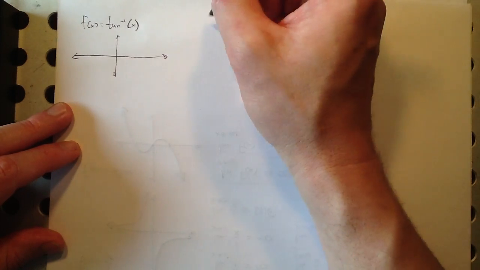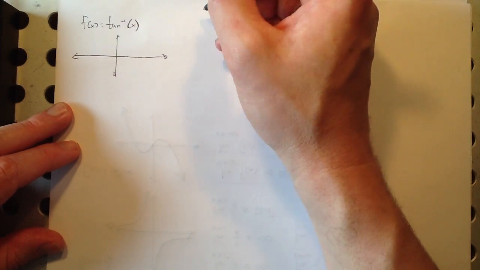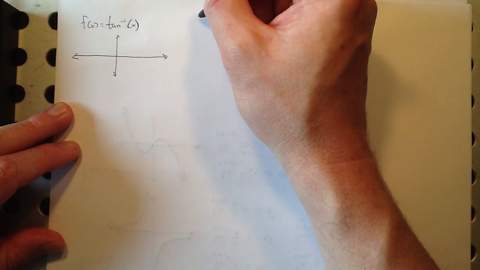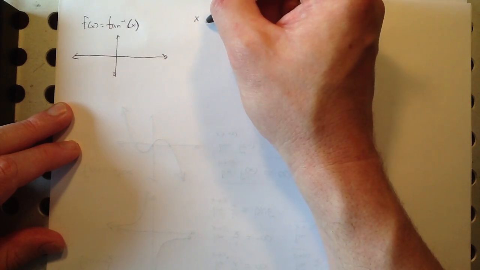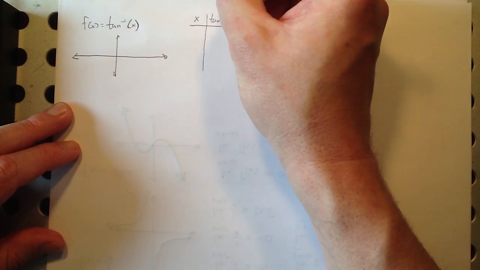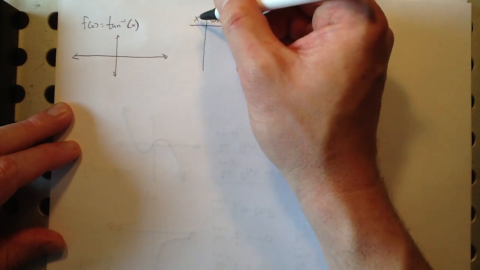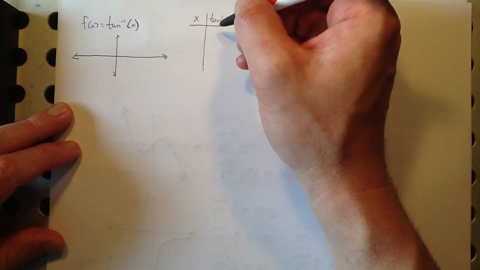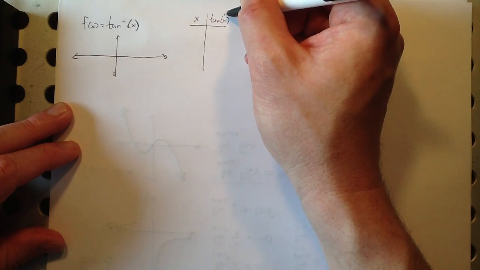Now, you might think about it this way. What is the tangent inverse function? What is any inverse function? Well, maybe you're more familiar with the tangent function, right? So if you're working with the tangent function, of course, this must be an angle, right?